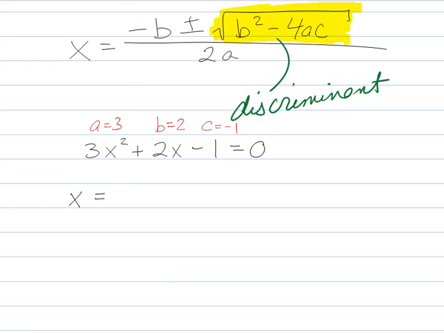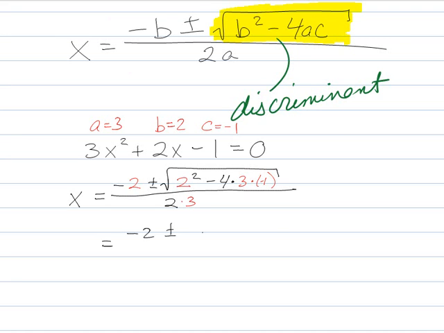So if I was going to plug this in, I get negative B plus or minus the square root of B squared minus 4 times A times C all over 2 times A. Okay, which is all well and good, and once you've got it down, it's just a plug and chug issue. So 4 plus 12 over 6. So eventually I would come up with the square root of 16.